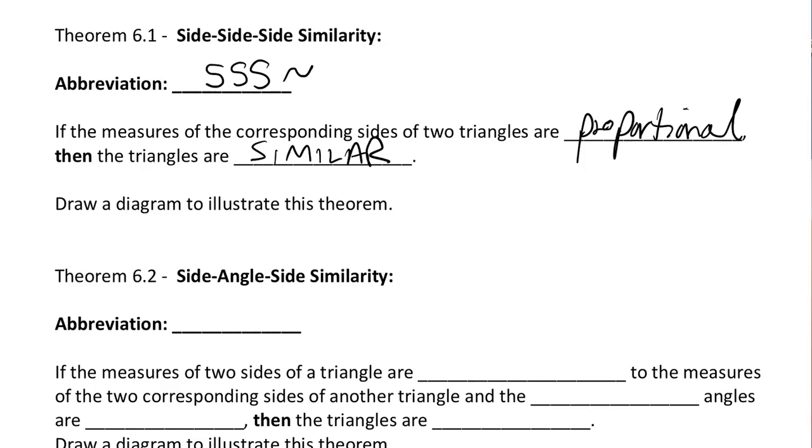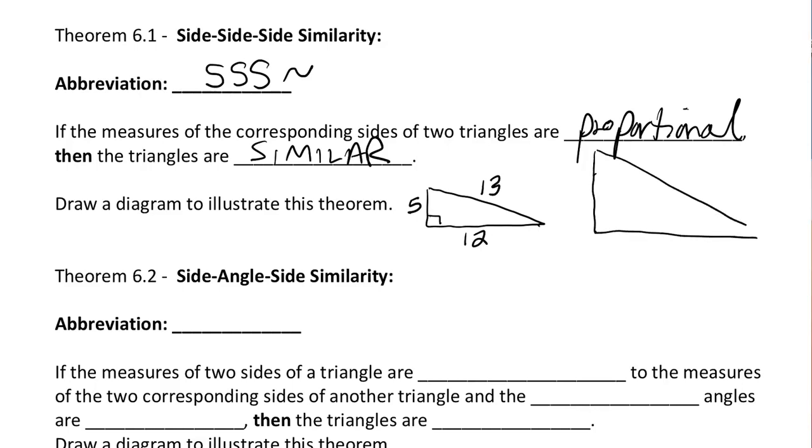Draw a diagram to illustrate this theorem. Let's say we have this triangle with sides 5, 12, and 13. Let's say we have this triangle with sides 10, 24, and 26.